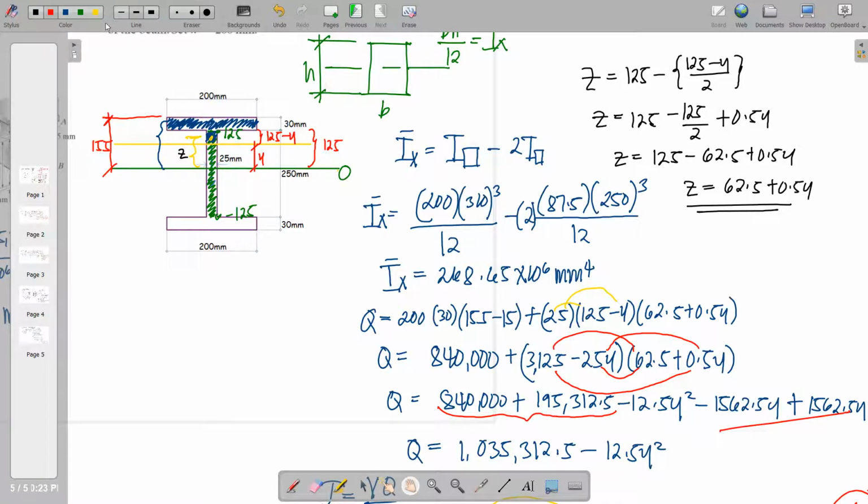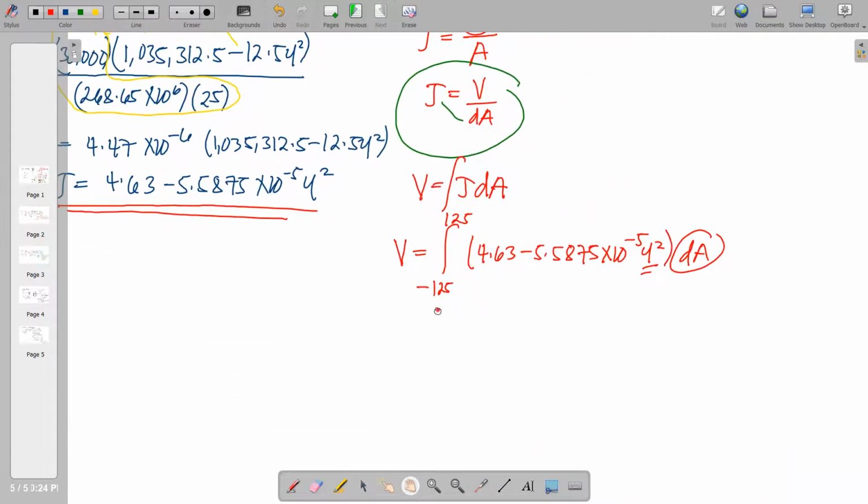So those are the differential areas. So therefore dA is equivalent to the width, 25 millimeter, times the change in y. Okay, so dA is equal to 25 times dy.